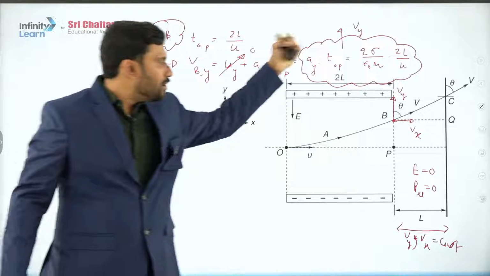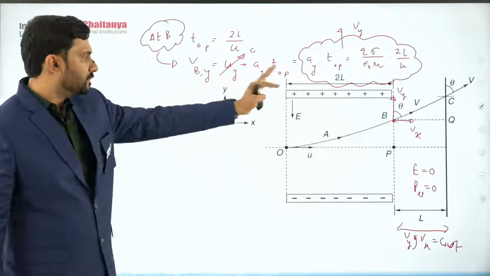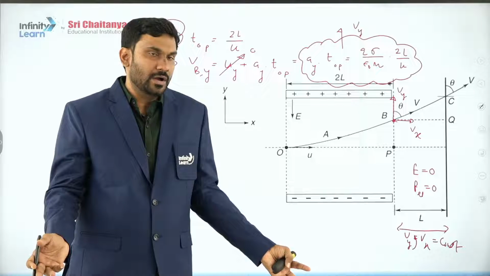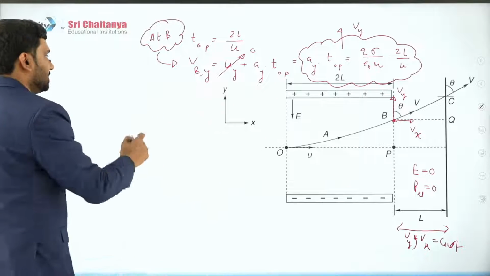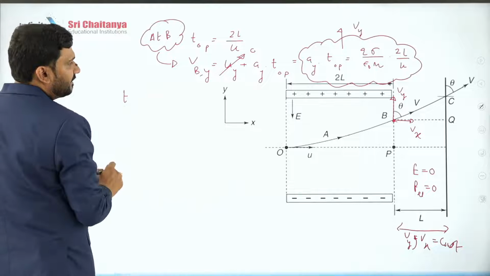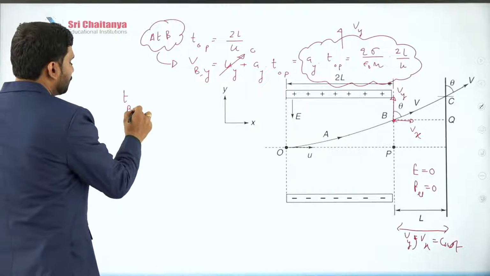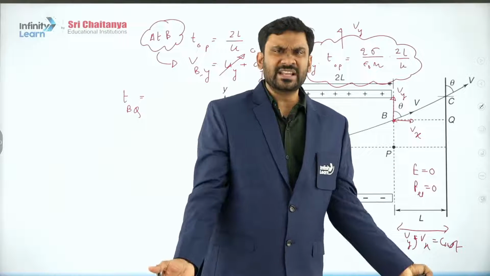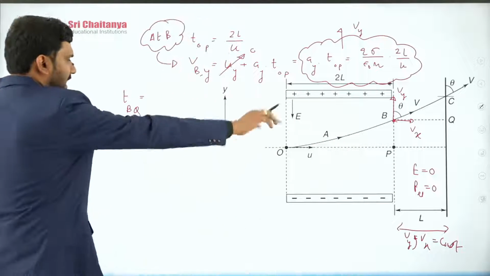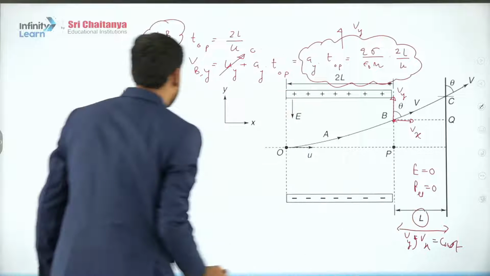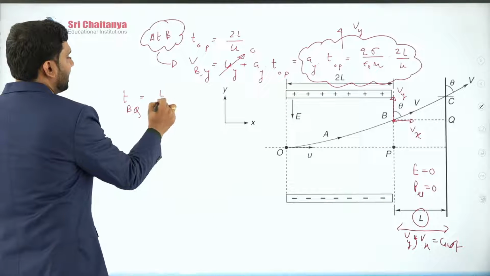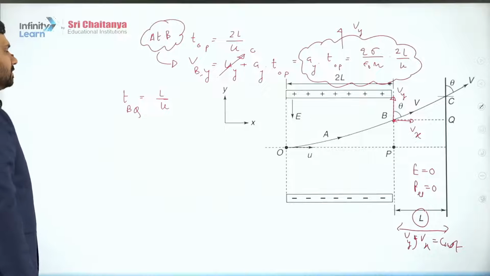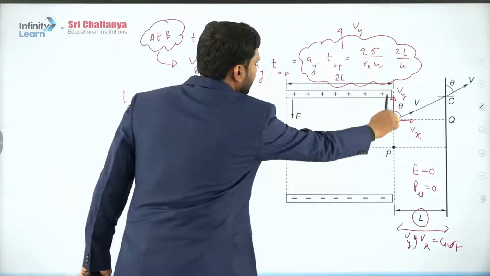So the region beyond point B, both Vy and Vx equal to constant. None of them is changing. So that means journey time from point B to Q, see again here, Vx u is going to remain constant. There is no change, and the length already given is L. So Tbq I can write L by u. Simple, no problem.